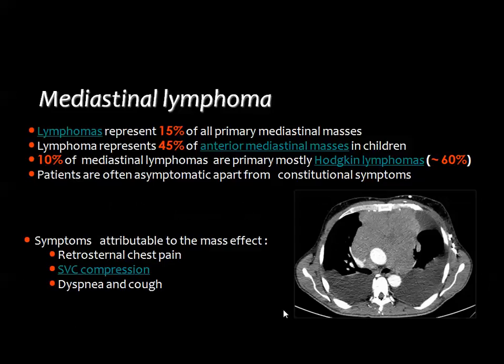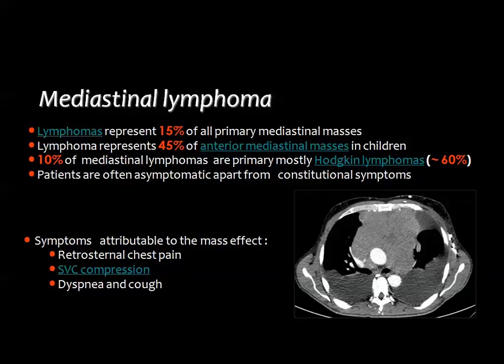Mediastinal lymphoma represents about 15% of all primary mediastinal masses and about 45% of anterior mediastinal masses in children, and mostly of the Hodgkin type, in about 60% of the cases.